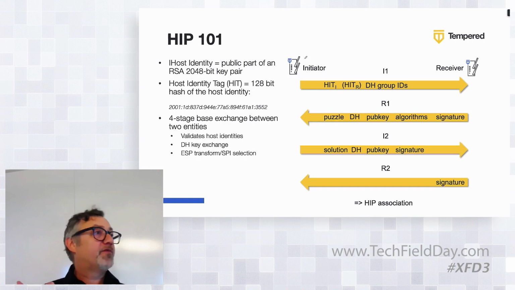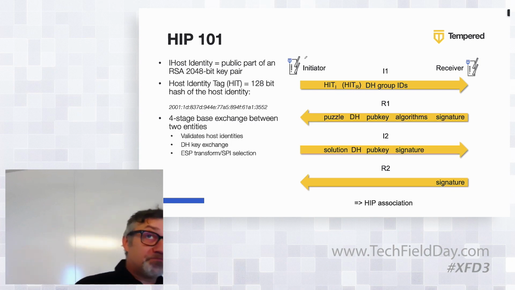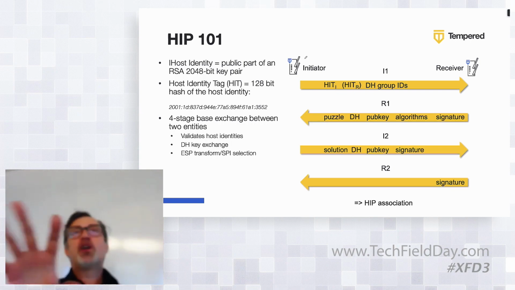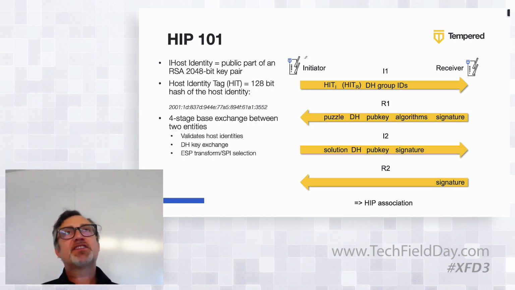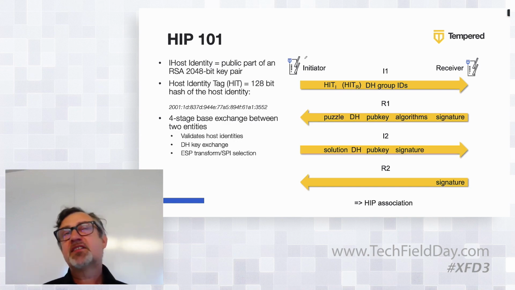Once you've gone through the whole messaging sequence, what you've got is a HIP association. I'm not going to go into all the nitty-gritty details here, but I will point out the roles of these messages, what the security implications are, and why those messages exist.